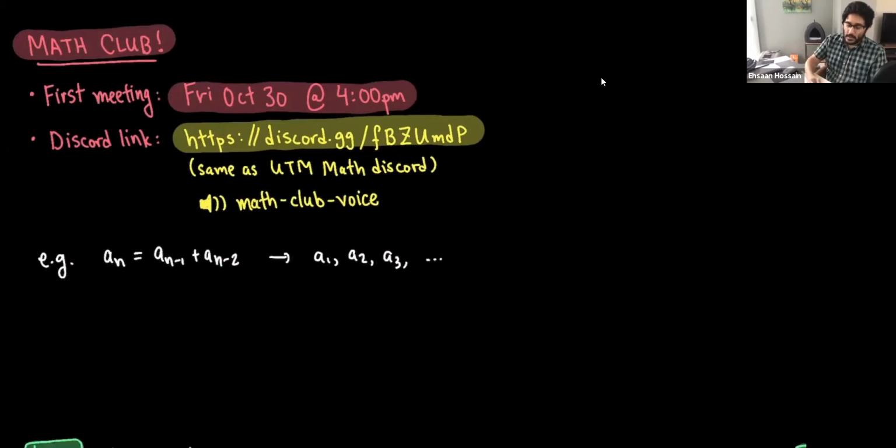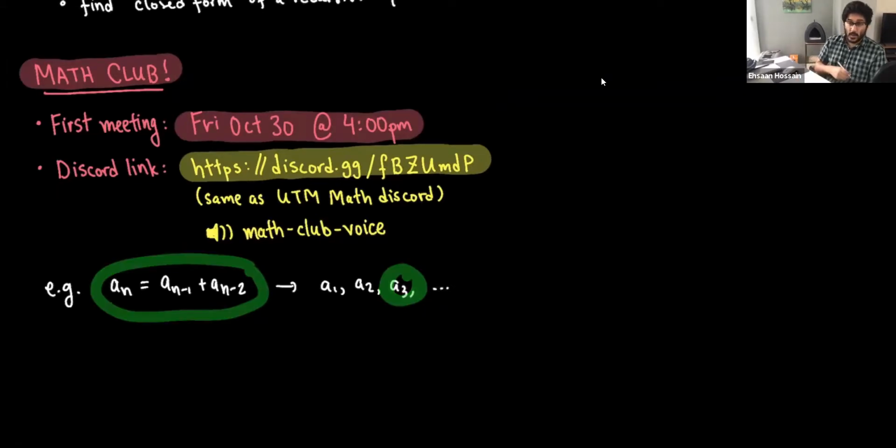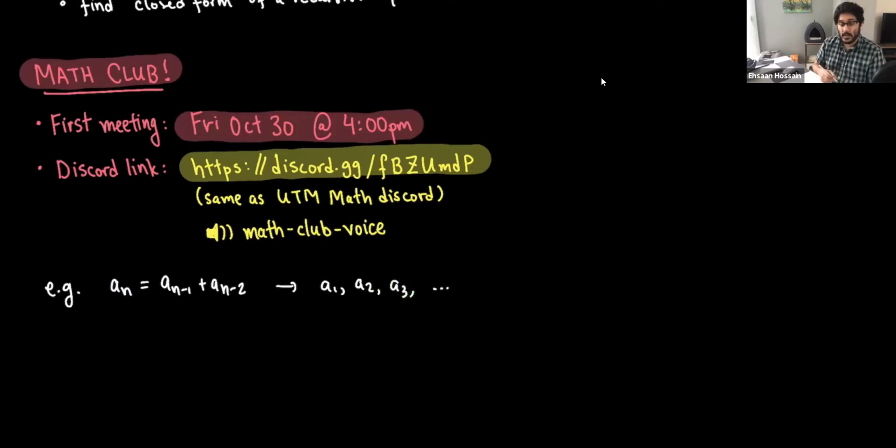To determine the third term, for example, I have to take the sum of the previous two terms. That's what recursion means. Recursion means that to evaluate the nth term, you need to make reference to the previous several terms, in this case, the previous two terms.